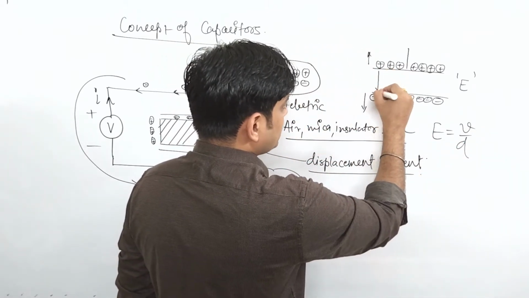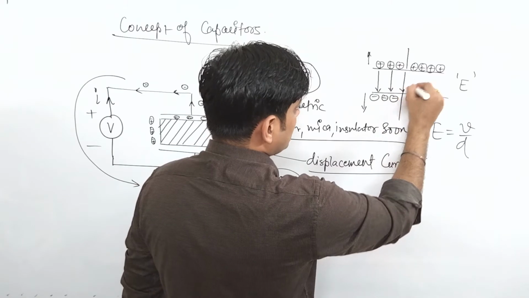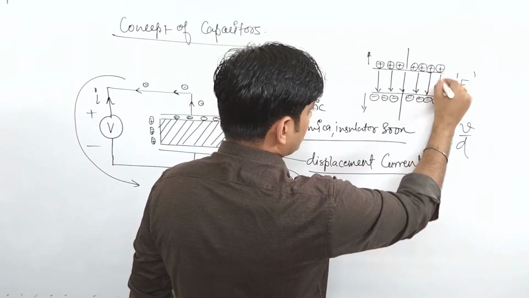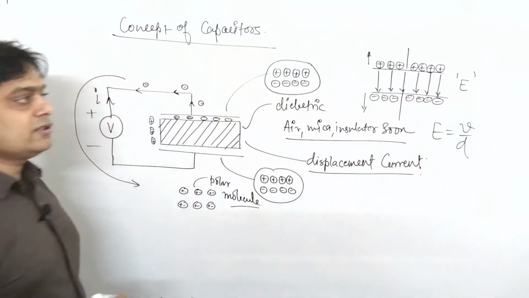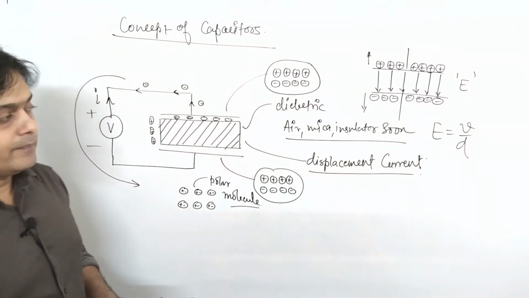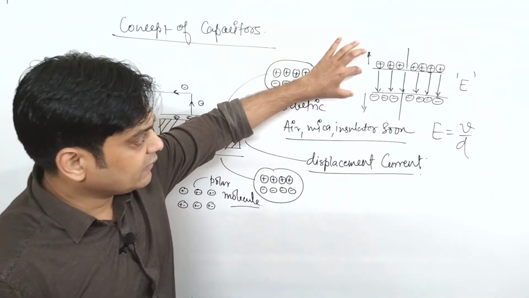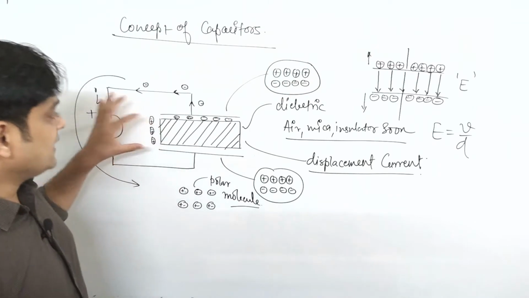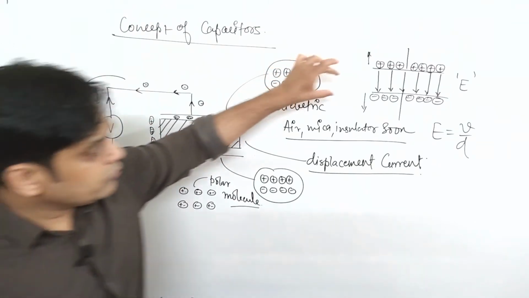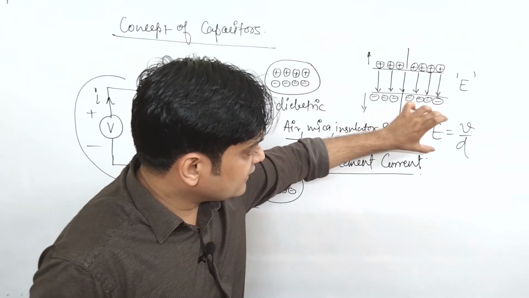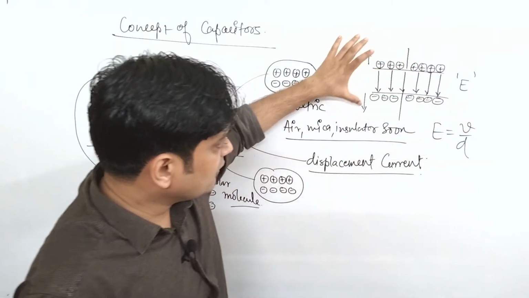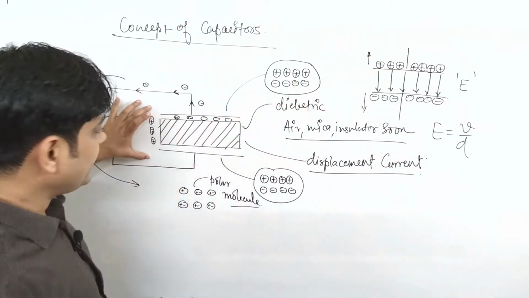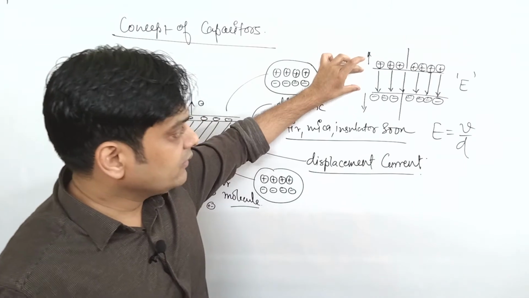That means from here to here one electric field will be developed. Because of the presence of this electric field, a current starts flowing. The value of this electric field depends upon V, the voltage applied across the plates, and the distance between these two plates.